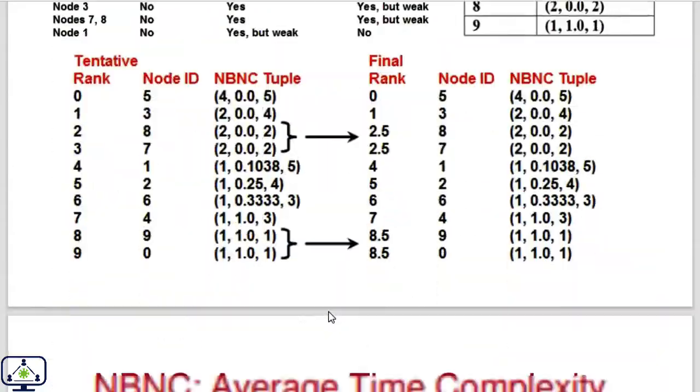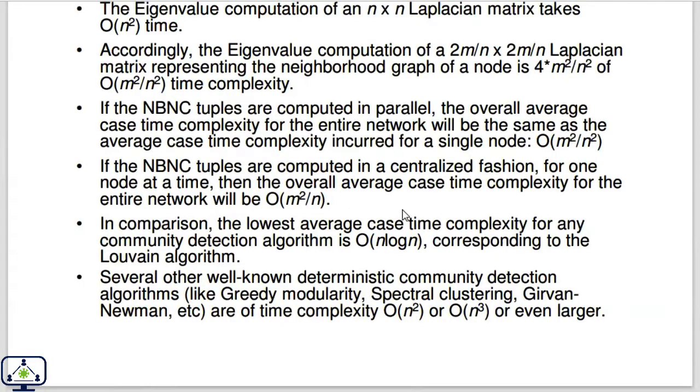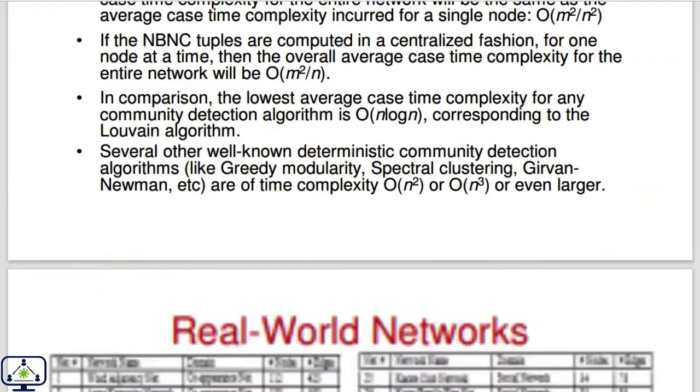So how does this time complexity compare to the existing clustering algorithms? If you go to the clustering approach, Louvain is one of the lowest time complexity community detection algorithms, at n log n. The other algorithms, like Girvan-Newman, the greedy modularity, and spectral clustering, are all n squared, n cubed time complexity.